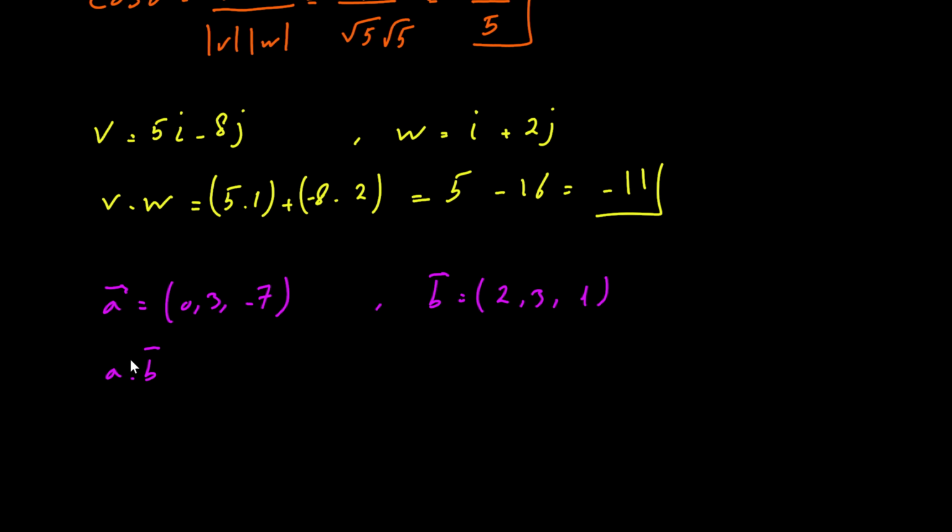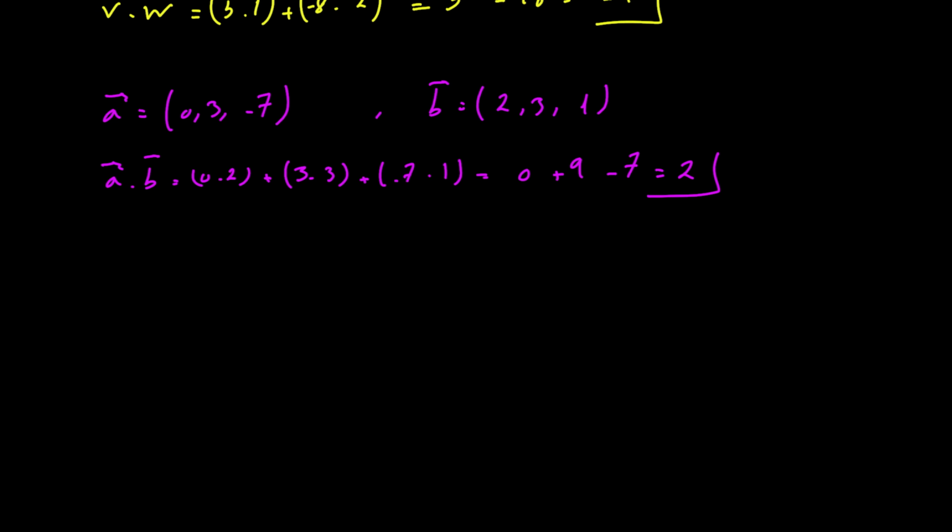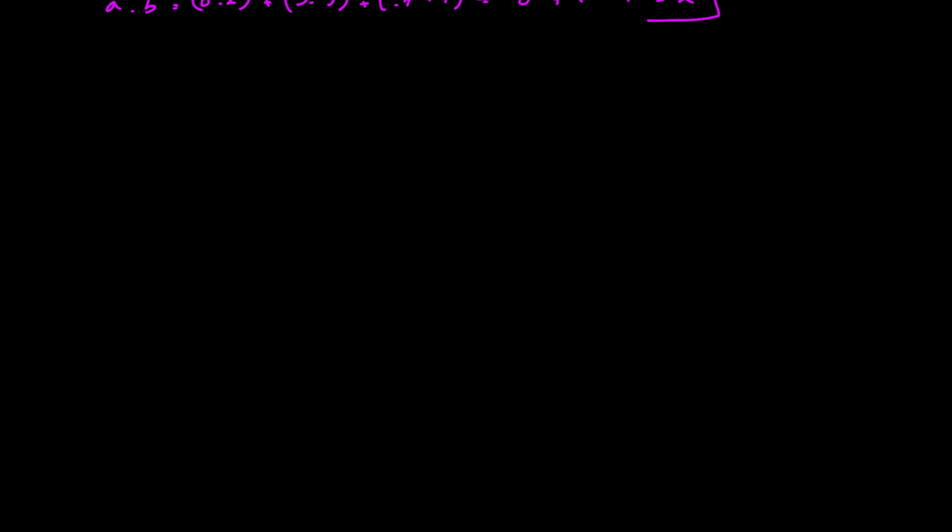A dot B is equal to 0 times 2 plus 3 times 3 plus negative 7 times 1. So we have 0 plus 9 minus 7, and that gives us 2. And that's the multiplication.